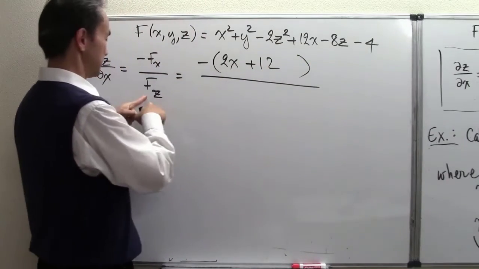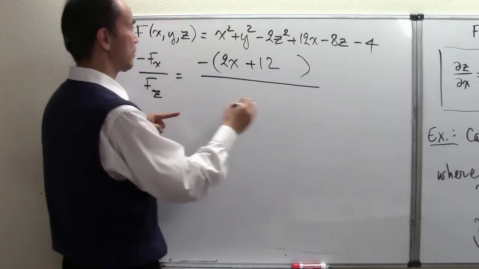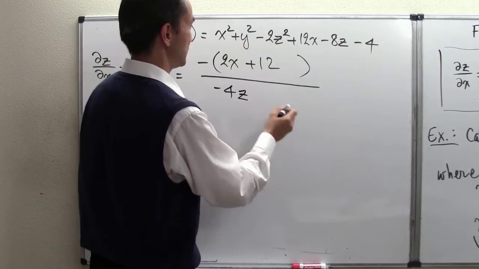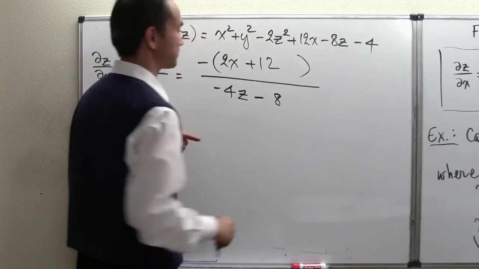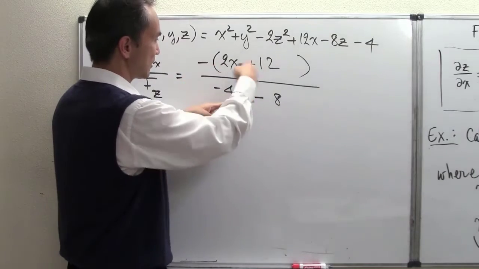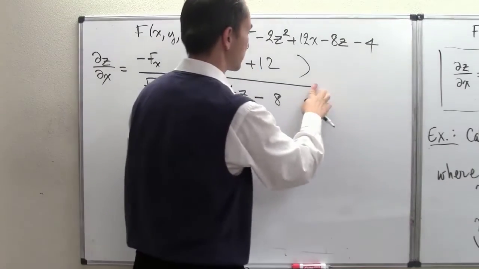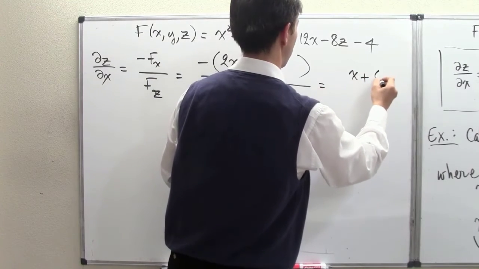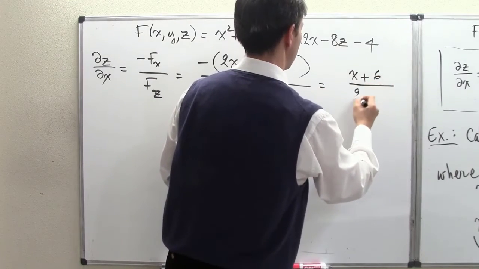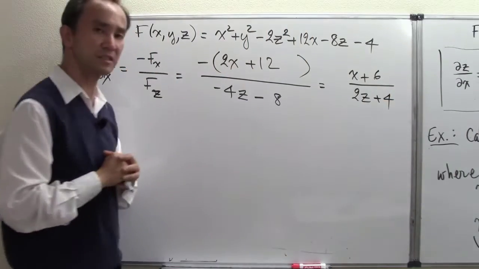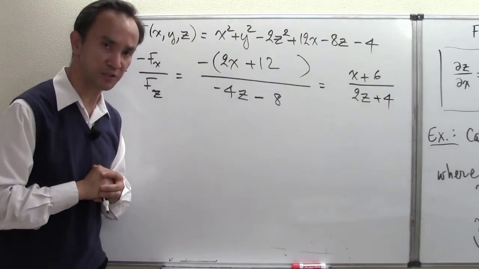Then f sub z is going to be minus 4z minus 8. We have our choice of canceling out the common factor of 2 together with the minus sign, so we end up with x plus 6 over 2z plus 4. Okay, x plus 6 over 2z plus 4.